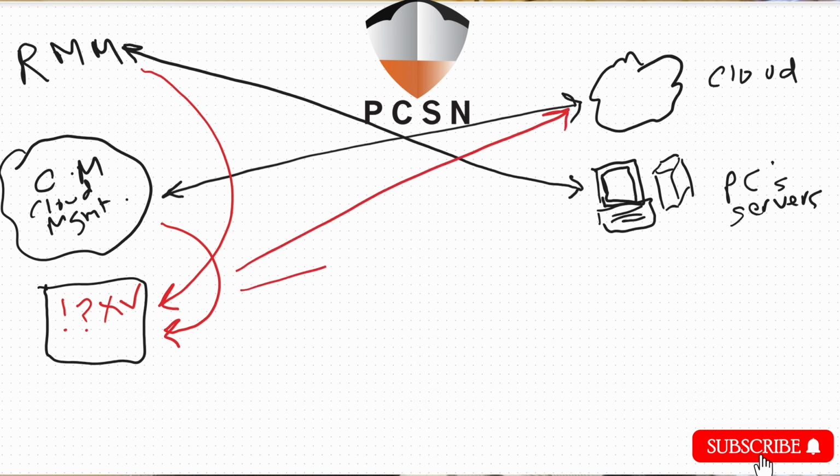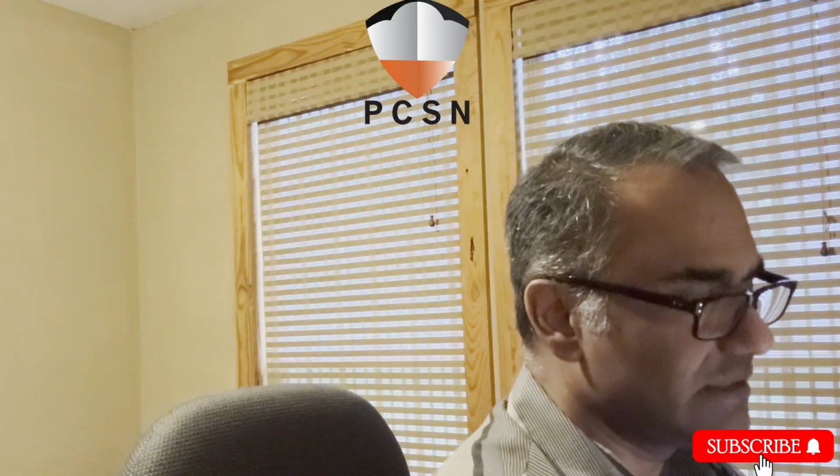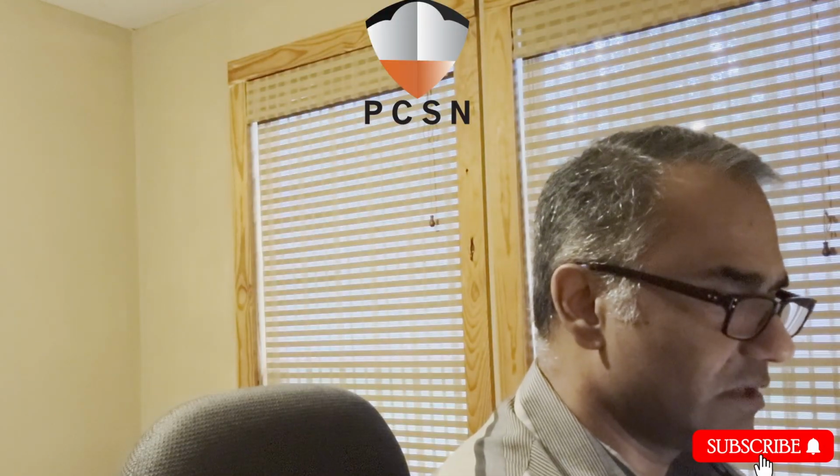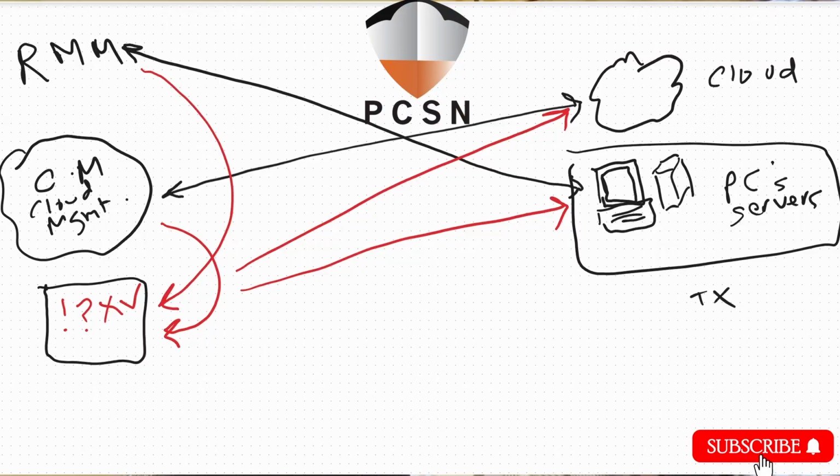So what that means is, if somebody is logging in, let's say they're in Texas, but yet their account tries to log in from, let's say, Singapore, this system over here is going to detect that anomaly, make a decision, and take action.